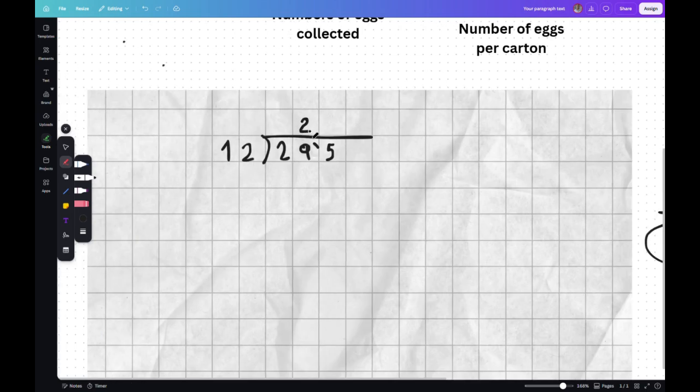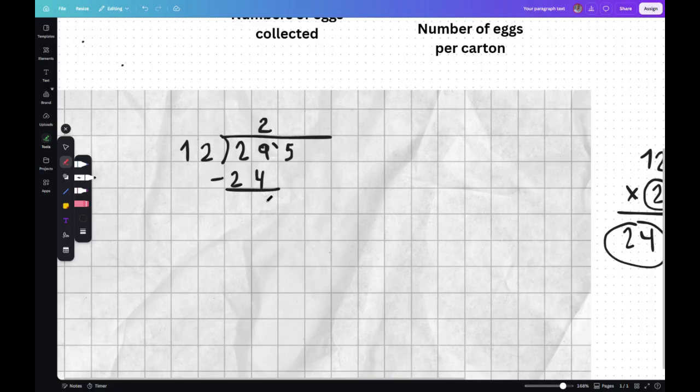And let me tell you how, because 29 has 9 ones and 2 is 2 ones. So according to the place value position, we need to put the number 2 above the 9, and then we can start. So we need to subtract 24, because 12 times 2 is 24, and that's going to be 5.